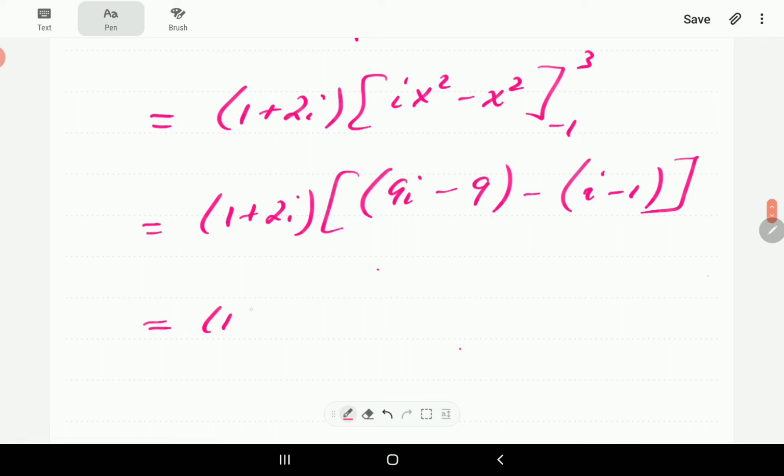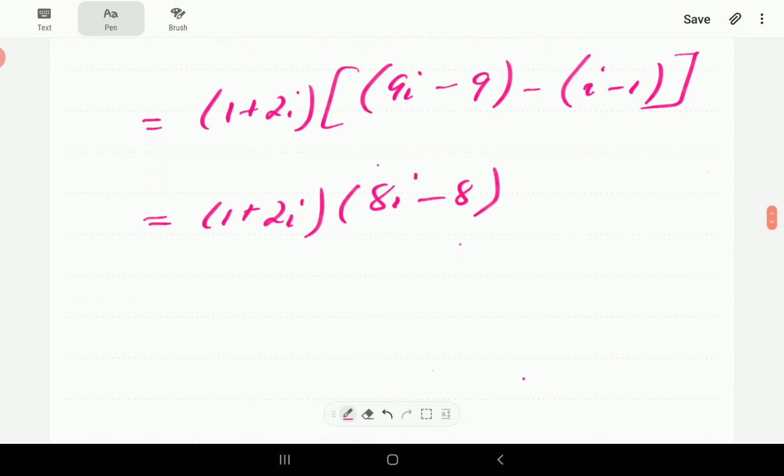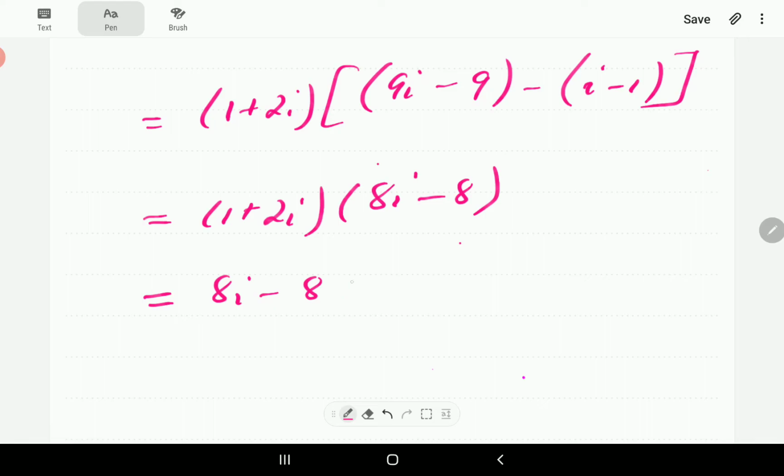Then if we simplify this, the i's are going to work out to 8i, and the real terms are going to work out as -9 plus 1, so that's going to be -8. And then we can multiply out here. So if we multiply out, it's going to be 8i minus 8.